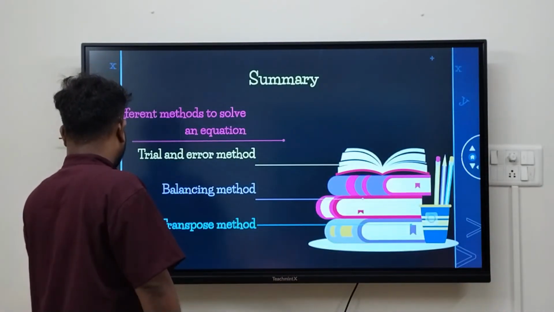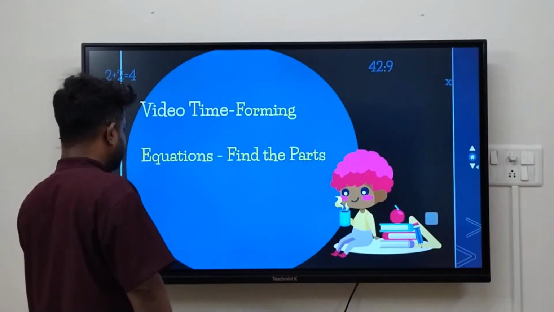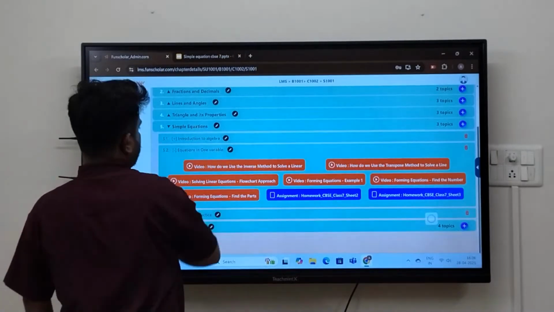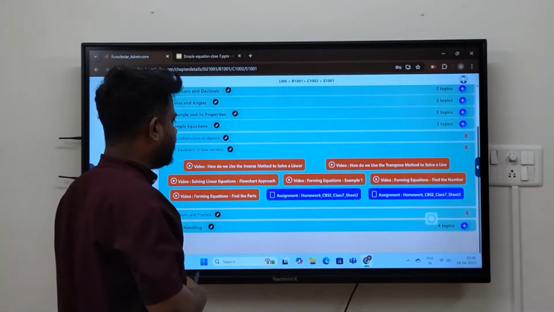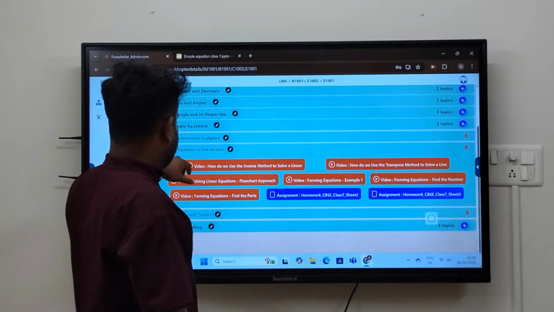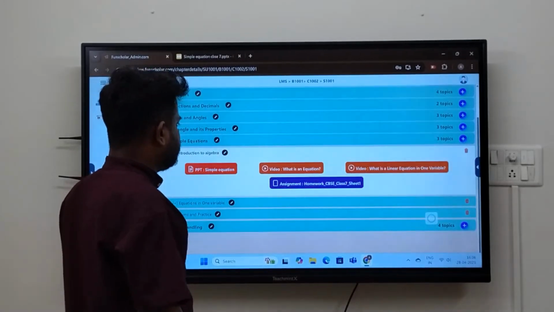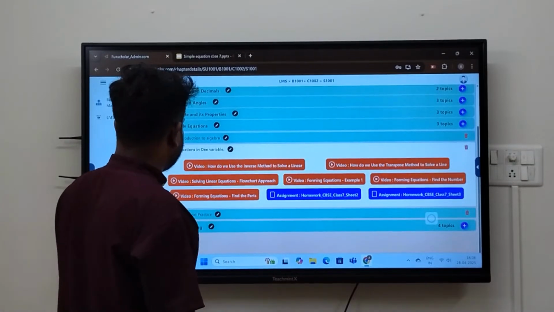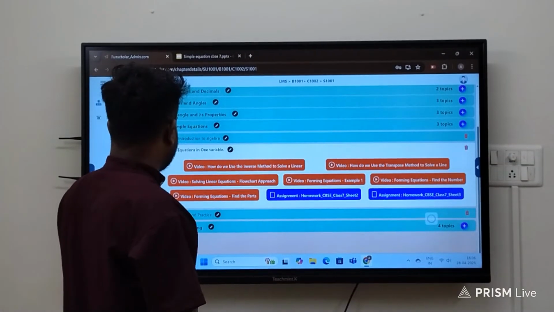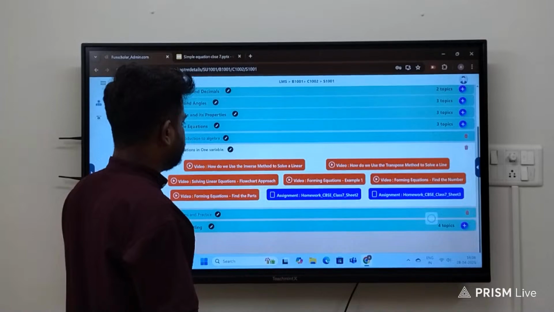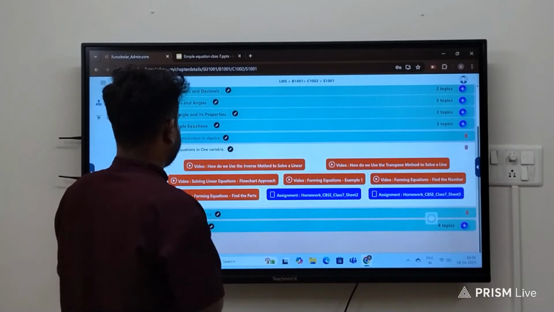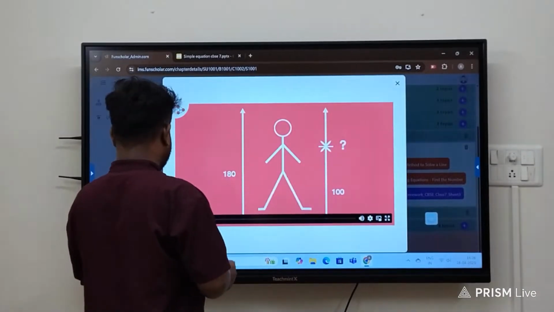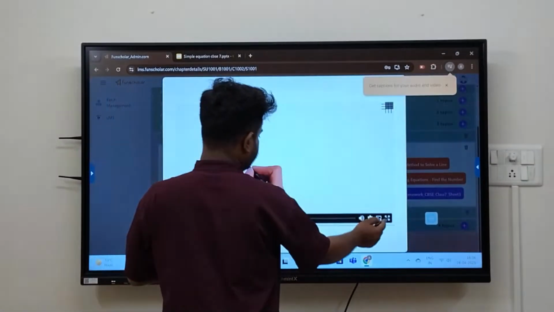Okay, so before going to the summary, let's see if any video may have been left or not. Okay, what is an equation, we have already done that. How do we use the inverse method, flowchart approach. Okay, so let's see the video of this one, forming an equation.